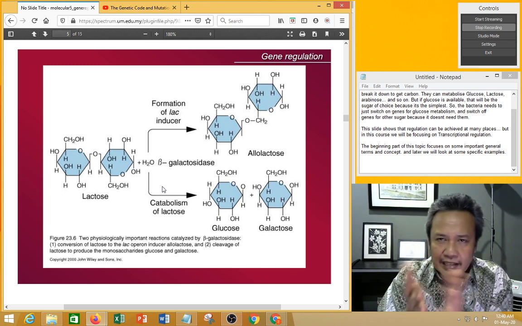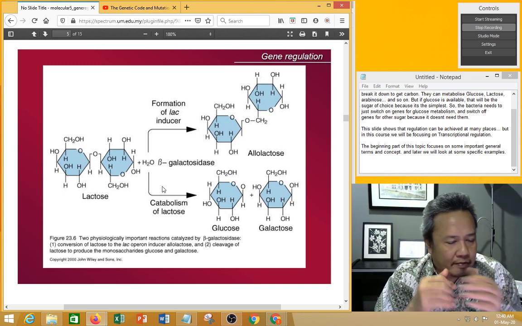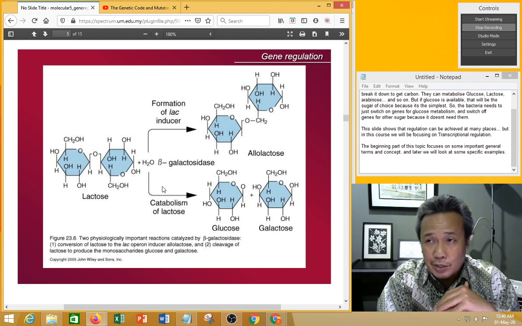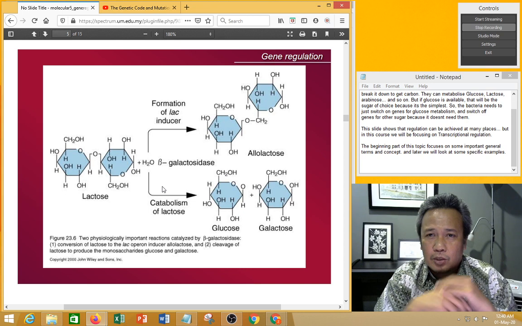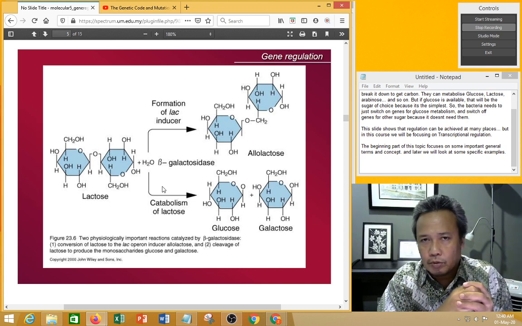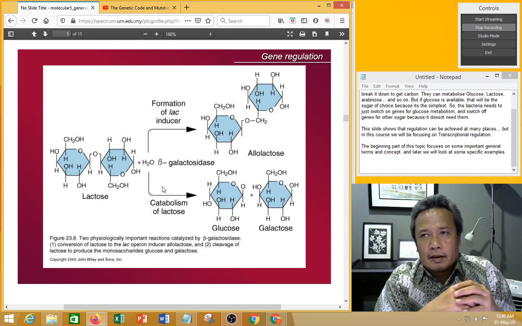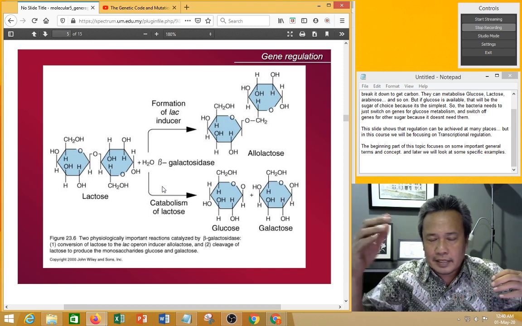So the answer is this. In gene expression terms, when you say the gene is switched off, it doesn't necessarily mean total switching off, meaning zero product, and when switched on you have 100%. It doesn't mean that.